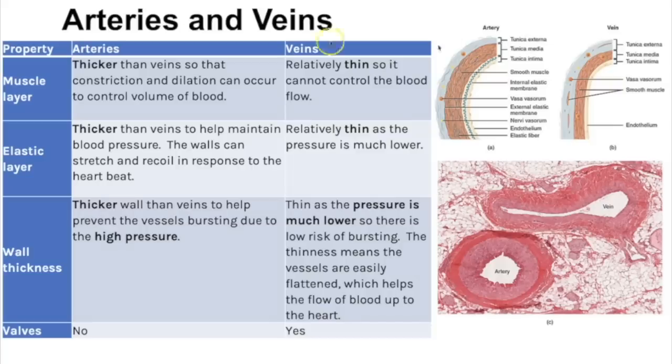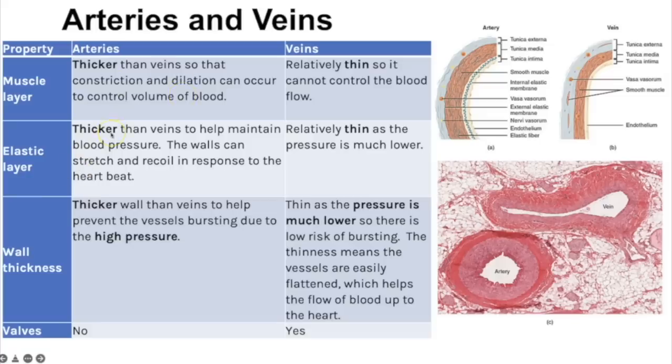So the structures of the arteries and vein are quite different because of the fact that one is carrying blood away from the heart and one's carrying it into, so the pressure of the blood they're carrying will vary. So arteries have a much thicker muscular layer compared to the veins, and that is so that constriction and dilation can occur to control the volume of blood flowing through them.